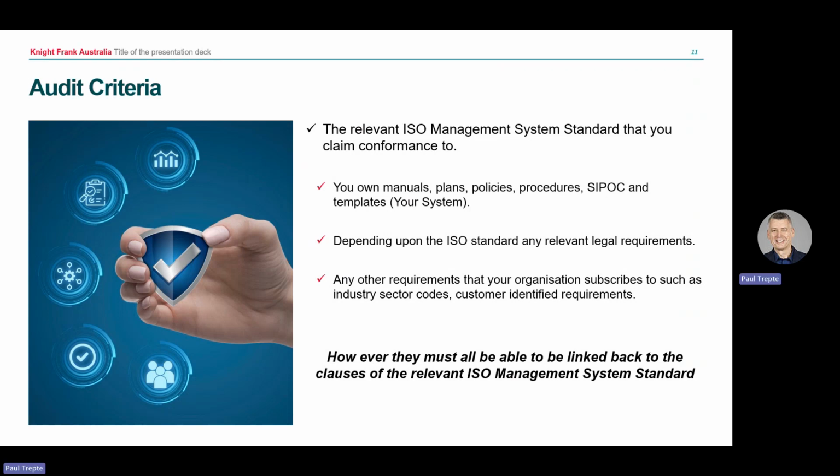So the auditor will be comparing your documented information, observations, and statements of fact to see whether we're compliant with those requirements. It's your own manuals, policies, plans, procedures, process maps, and templates, which in essence are your health and safety system. So if your procedure says you do something in a certain way, that is audit criteria.